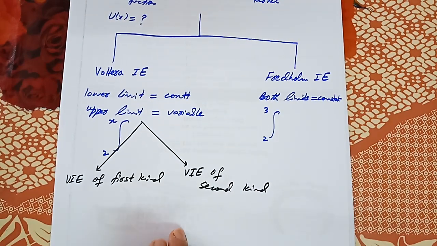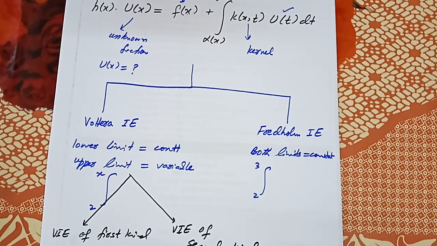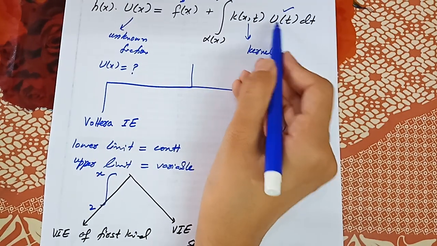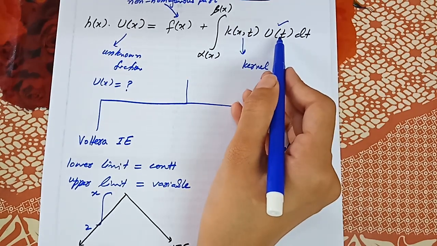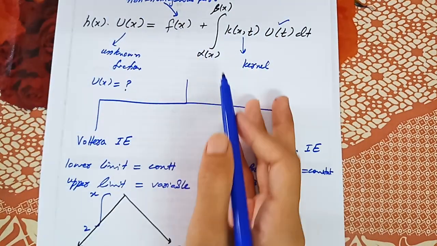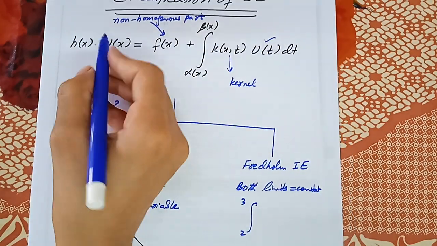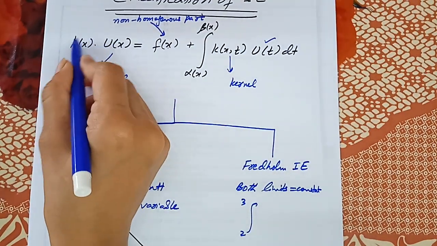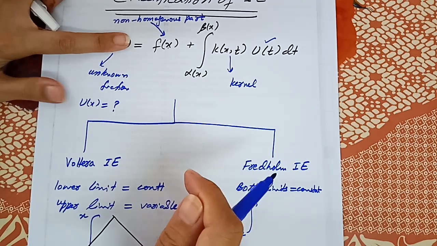Now what is this first kind and what is the second kind? If there is only one time this unknown function under the integral sign and there is no other u of x in your equation, then this is your first kind. Like here your h of x is 0, then this thing completely disappears.